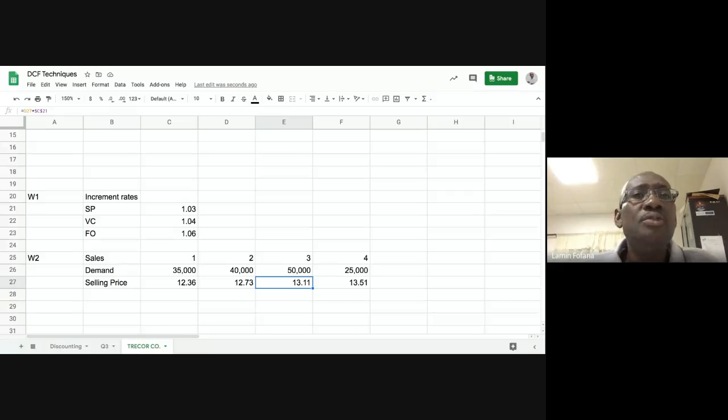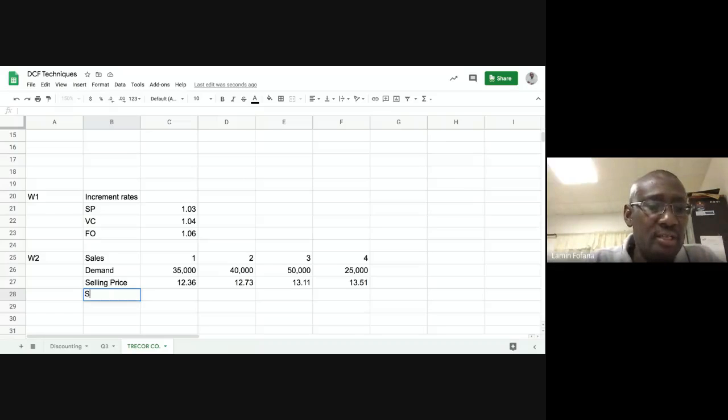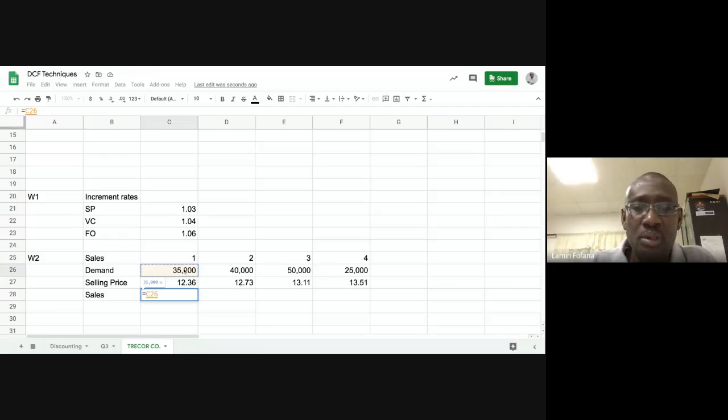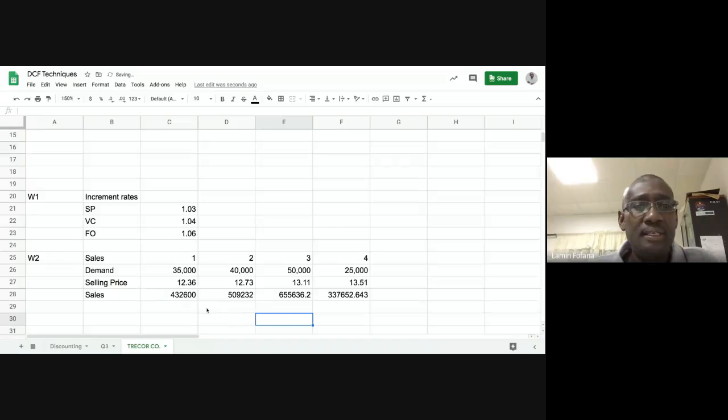Okay, so let's move. Now what we need to calculate is our sales in dollars. It will be our demand multiplied by our selling price. Then we just replicate easily.